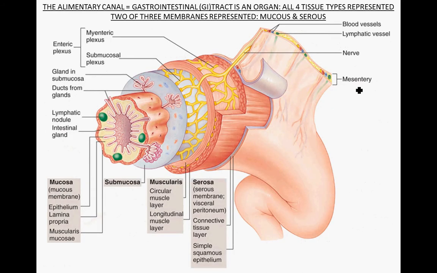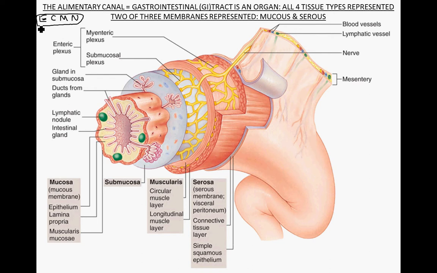And remember, the definition of an organ is that it has at least two different tissue types. The four tissue types we're dealing with are epithelial tissue, connective tissue, muscle tissue, and nervous tissue. These are the four tissue types, and they'll all be represented here in the alimentary canal.